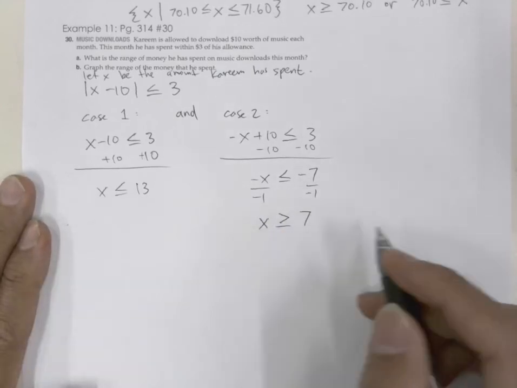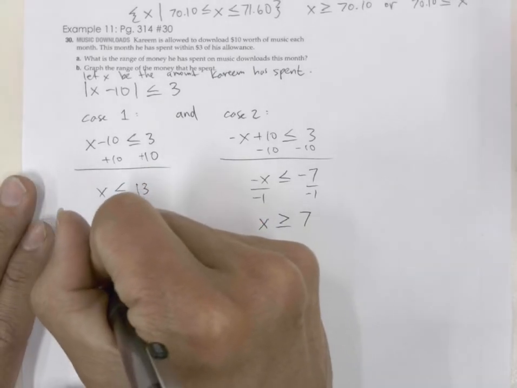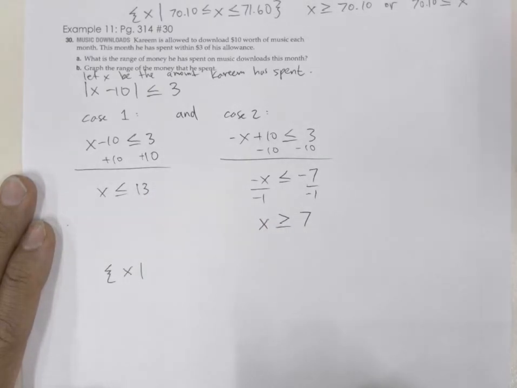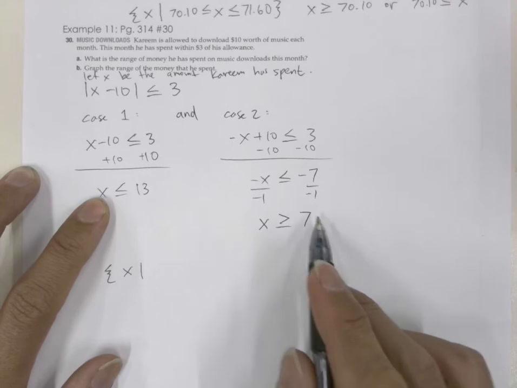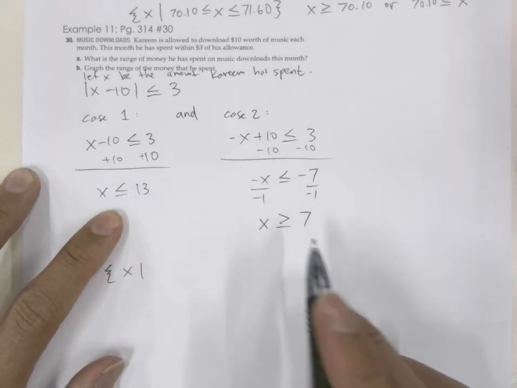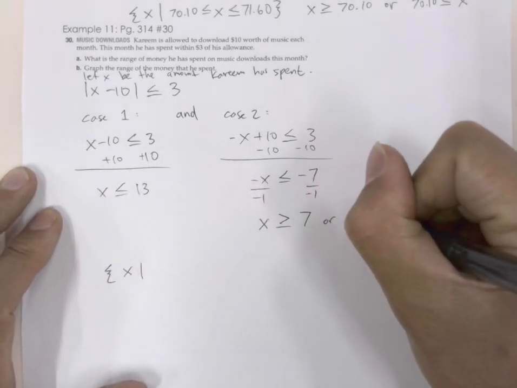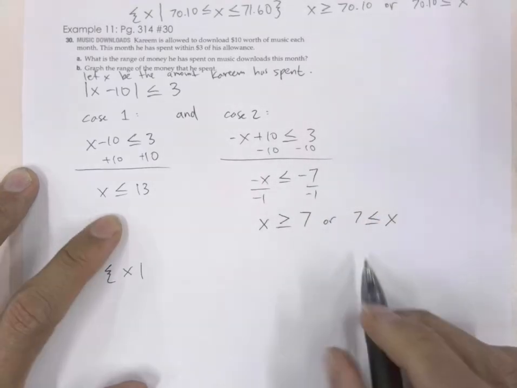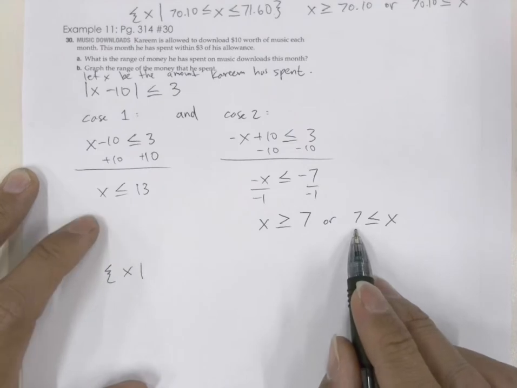So let's go ahead and write our solution set. It's curly bracket x such that, and what is less than x, right? It's this one right here. So let's go ahead and write this inequality as 7 is less than or equal to x. Right? So it becomes clear exactly what is less than x.